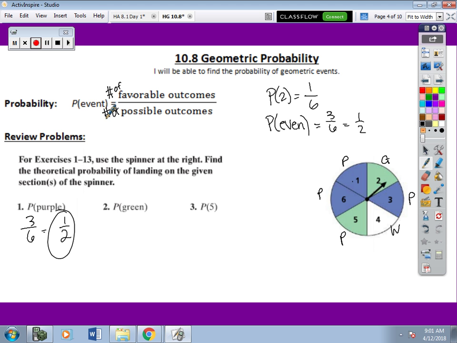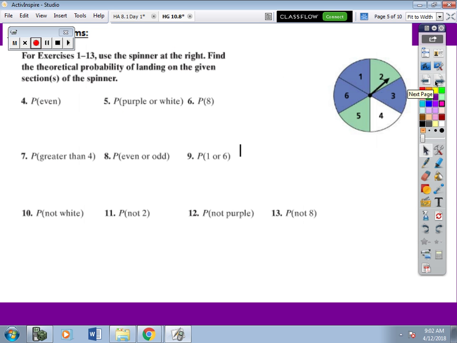What's the probability that we land on green? 2 out of 6, 1/3. Good. What's the probability that we land on a 5? 1/6. There's only one 5. See if you guys can complete the rest of these, and then we will go over them.